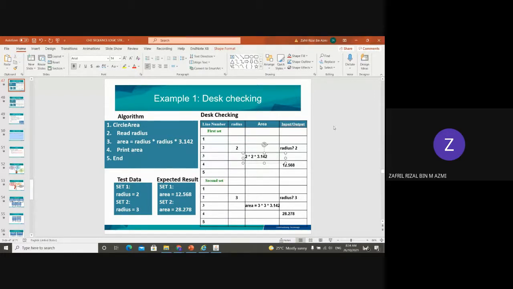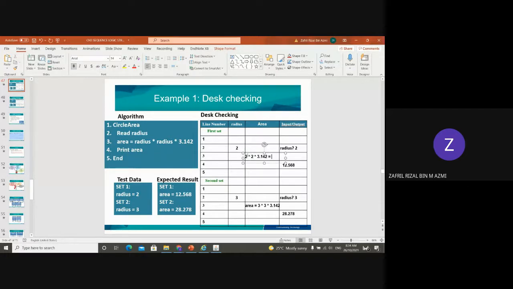What we are concerned with is the value, not the variable that we use. Our main concern is the last value that we get. Is it tally with the expected result or not? That's our main concern.